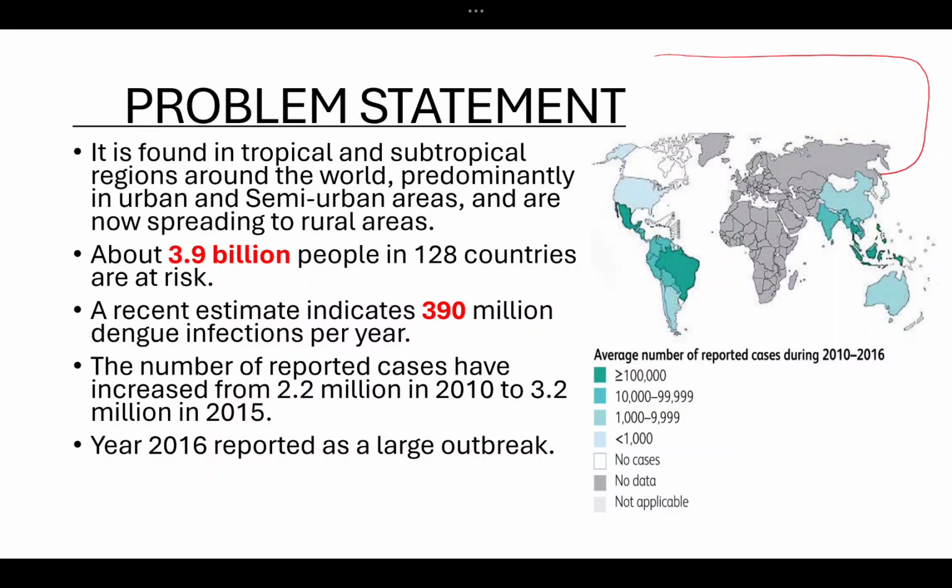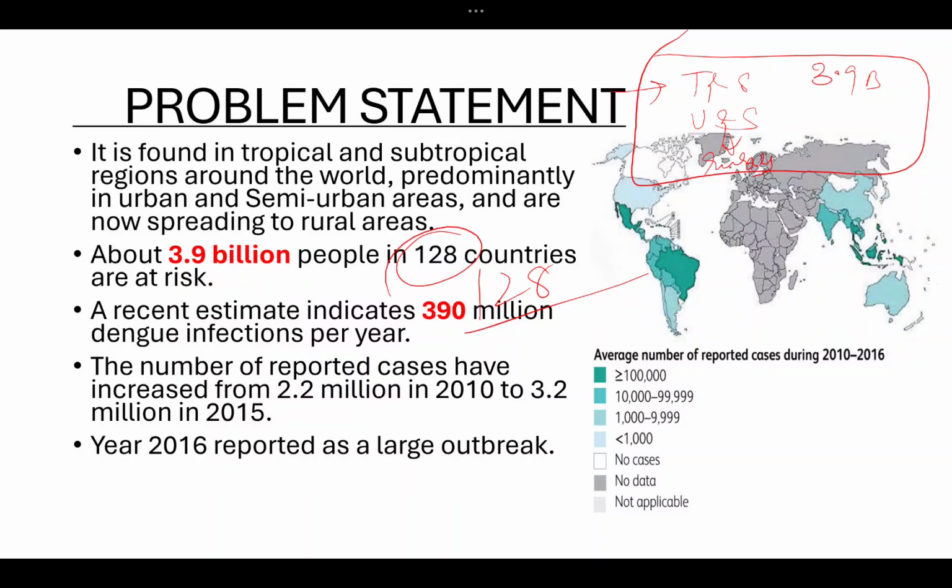We'll put it in a small box now. First, you are going to write that it is seen in tropical and also subtropical areas. Then you will write that it is seen in urban and semi-urban areas, and now it is also seen in rural areas. In total, 3.9 billion people are affected in 128 countries.